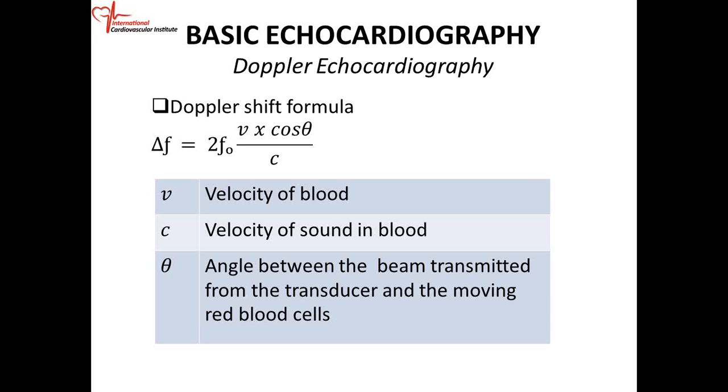Because the blood is moving, there's an angle; you can use a straight line to depict the beam. That's divided by c, which is the velocity of sound in blood. Remember that the velocity of sound in blood is fixed. The velocity of sound, that was also an exam question. The velocity of sound in soft tissue is 1540 meters per second, and it's similar for blood.